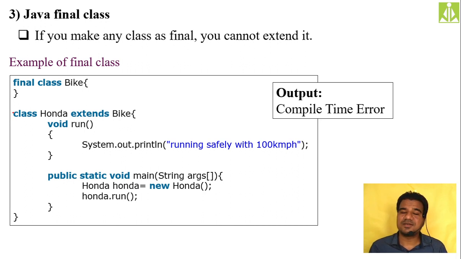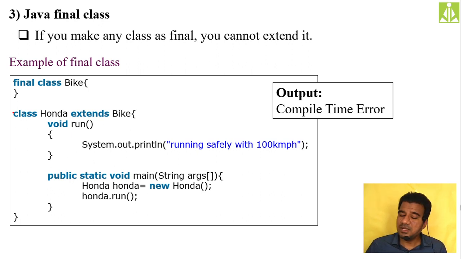If you make a class final, you cannot extend any class from that final class. Final means we are deciding that it is a complete, concrete class, and we don't need to put any extra stuff into it. So no other class can extend this final class, and inheritance is completely restricted.